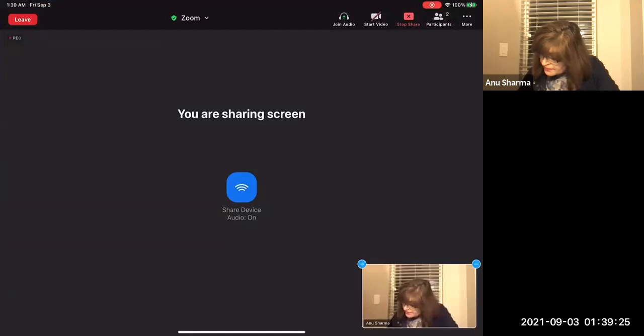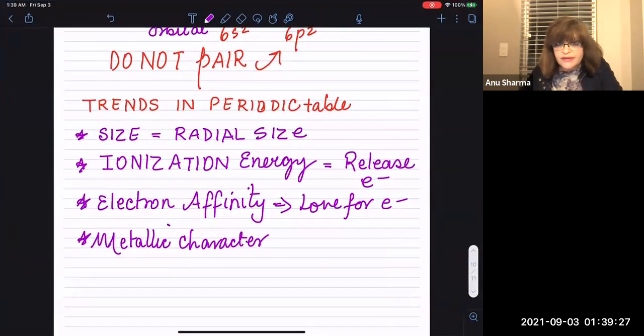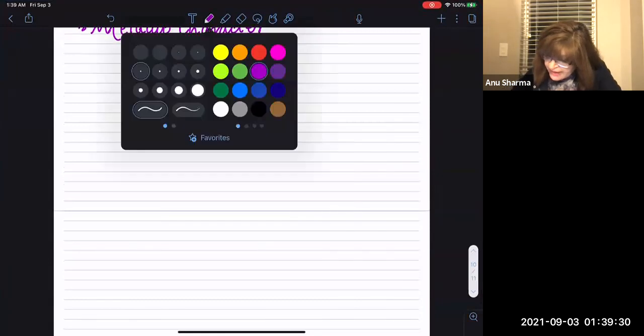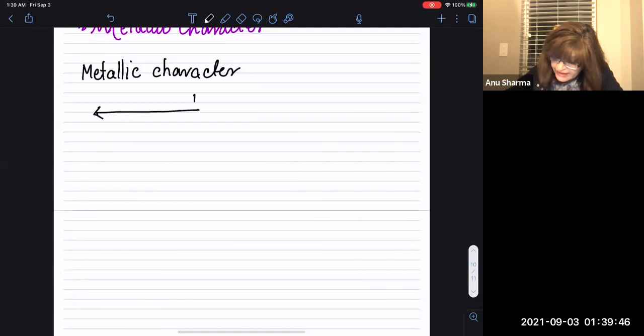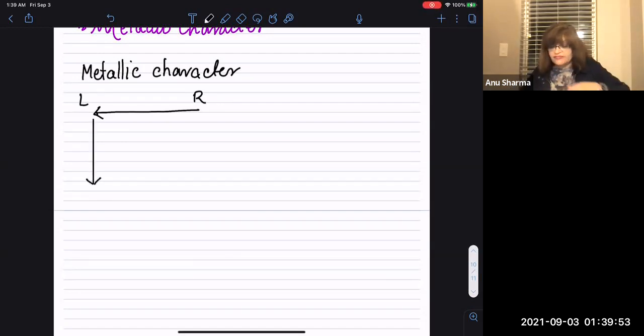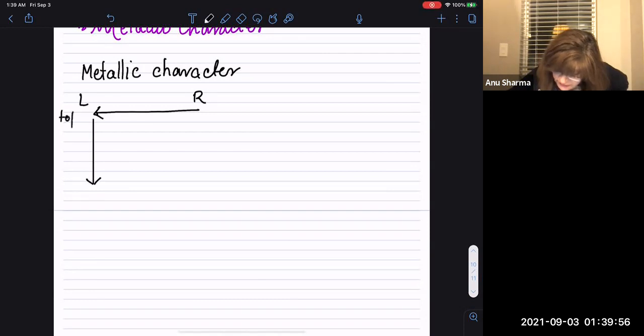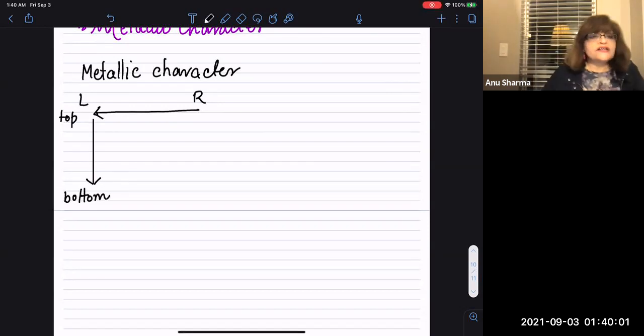The metallic character, let's do this first. So here, when you go from right to left, and when you go in the same column from top to bottom, then yes, the metallic character increases.